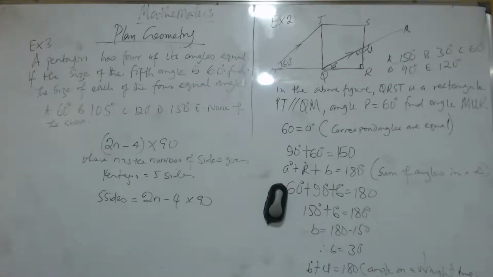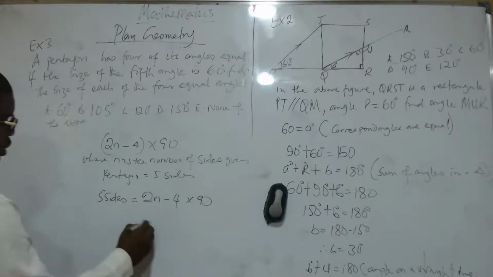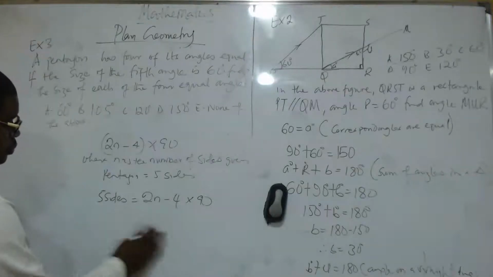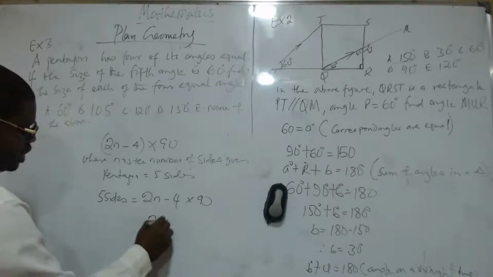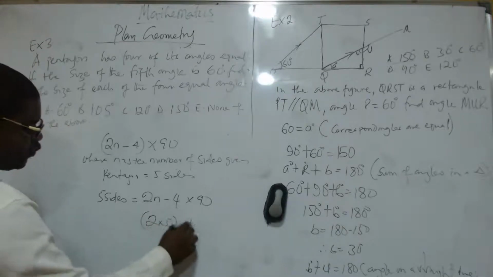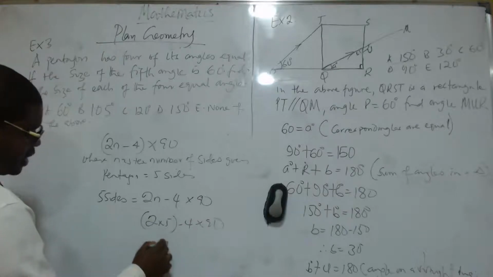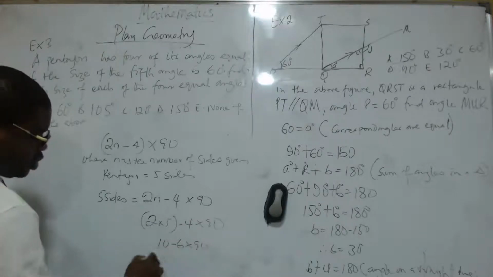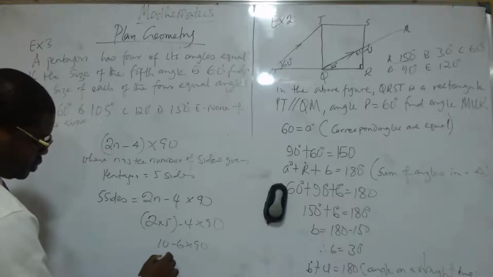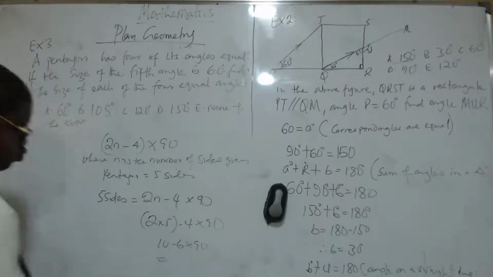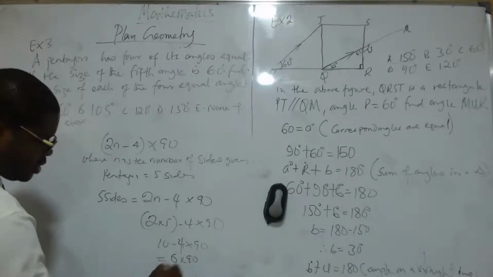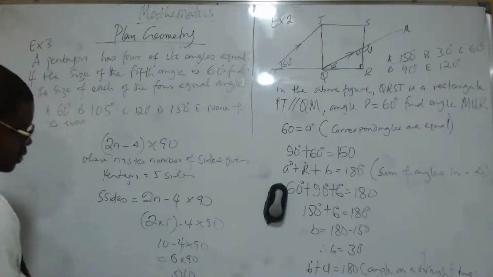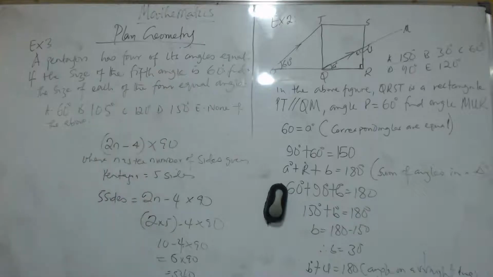So we have 2 times 5 minus 4 times 90. That's 10 minus 4, which is 6, times 90. 6 times 90 is 540.